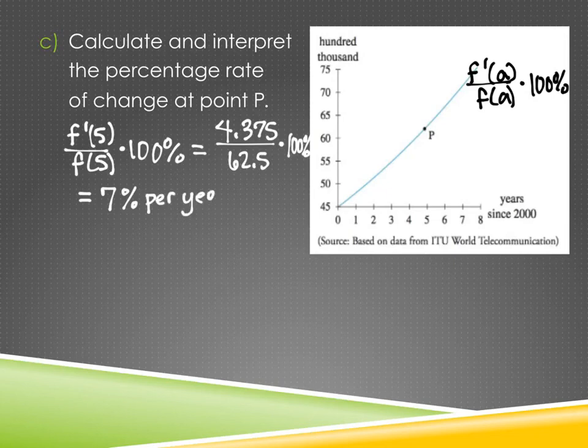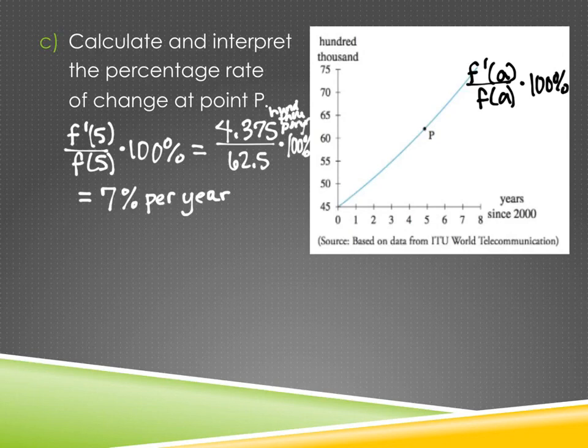So let me explain that, because that is different. When we calculated percentages before, they were just percent, right? And the kicker is that this 4.375 on top, what were the units on 4.375? This was 100,000 per year.